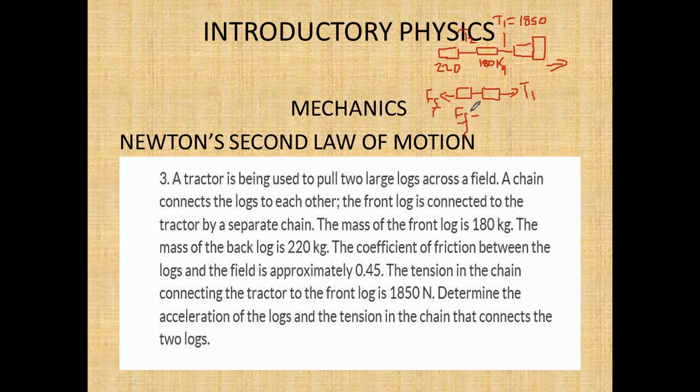is equal to the coefficient of friction, mu. In this case, it's 0.45 times the normal force. Okay, we are on a flat surface, so the normal force is equal to the force of gravity.